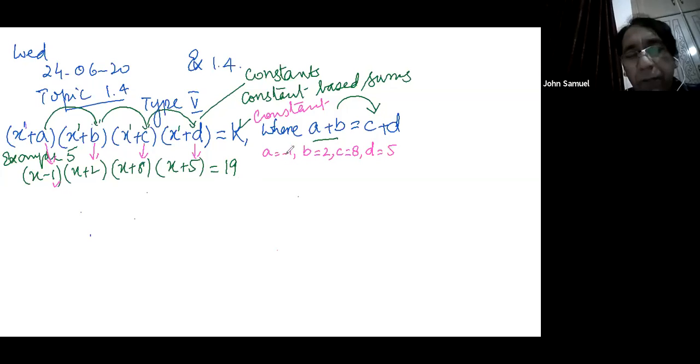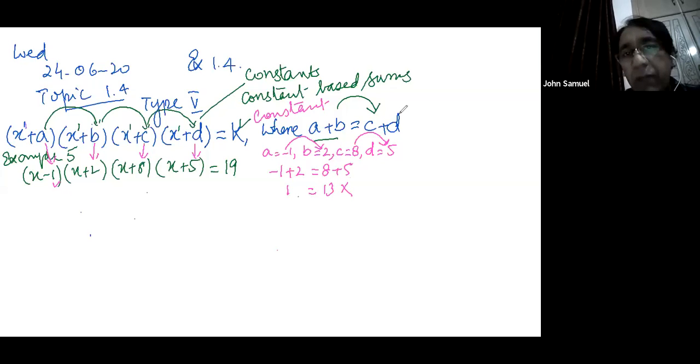If we take the first two constants, these are minus 1 and plus 2, equal to the next two. If we take the pair of the other two, 8 plus 5, because both are positive numbers, we'll add them. So here minus 1 plus 2 gives 1, and 8 plus 5 is equal to 13. So these pairs are not equal to each other.